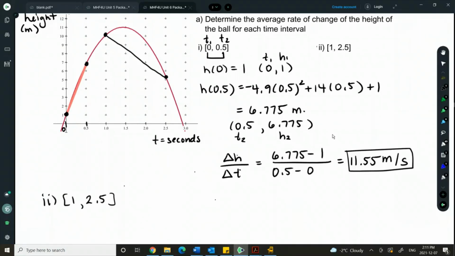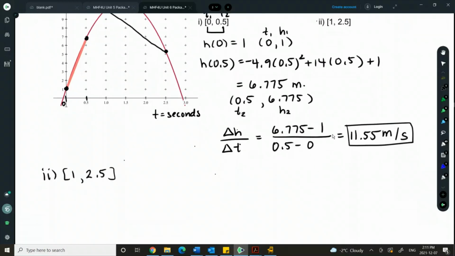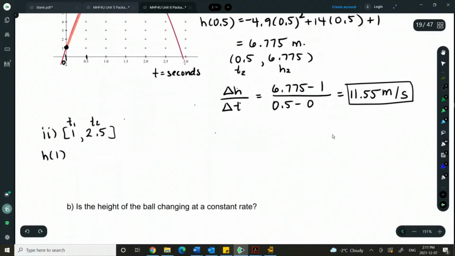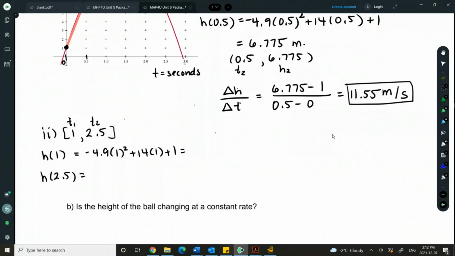Okay, so in order to do this, I need to find the heights at both of these times. So think of this as your time 1 and your time 2 for the secant line. So let's just start by evaluating h at 1 and h at 2.5. So 15 minus 4.9.